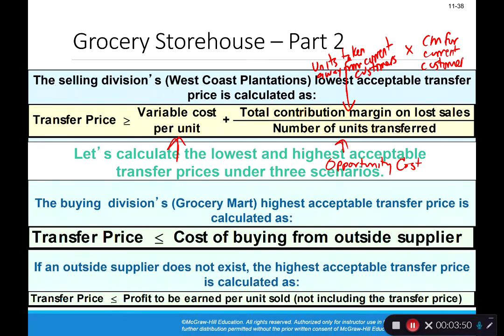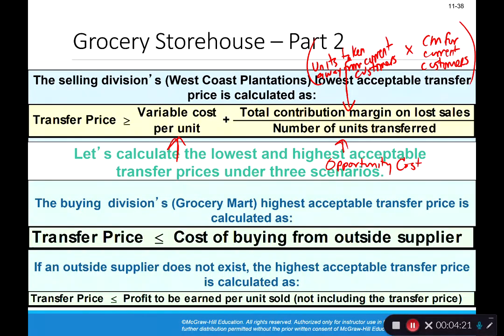So if I have to take away units from current customers, I lose out on that contribution margin I could have made from that sale. So however many units I take away from current customers to do the internal transfer times the CM for the current customers is our total opportunity cost. Then we divide that total amount by the number of units transferred because we're trying to get a price per unit. It'll be easier to understand that when we apply it with some numbers.